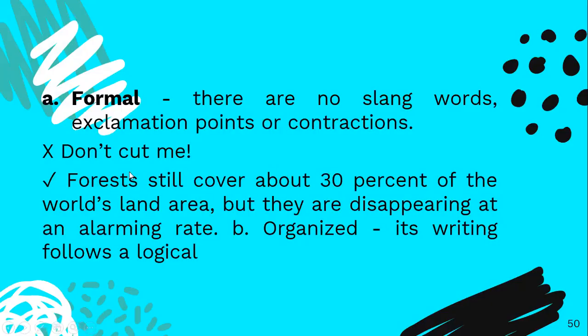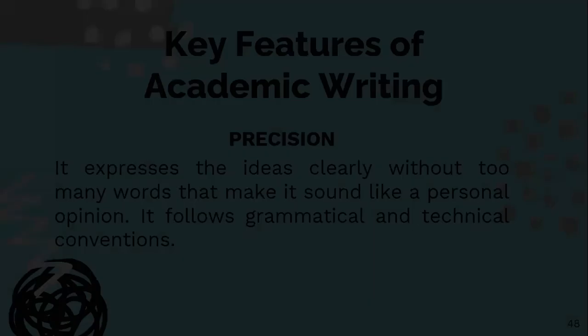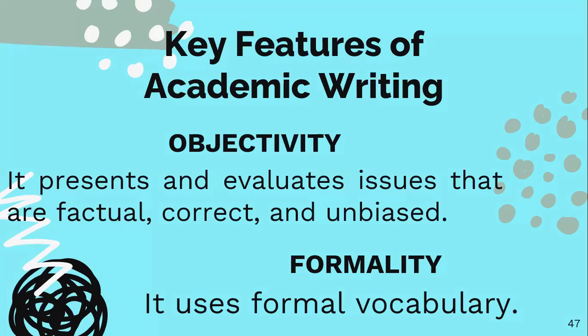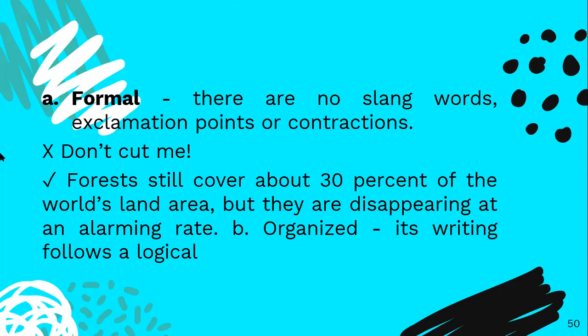Next. So let's try to review that. Take note of the words objectivity, formality, precision, and hedging. Now for us to be more specific with formality, academic writing is formal, so you don't make use of slang words or exclamation points, and most of the time you don't use contractions.